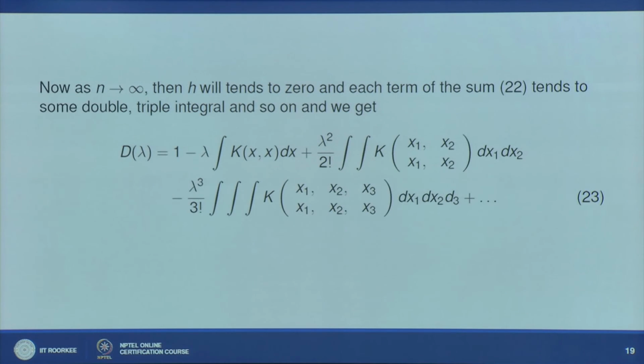So the limiting case of dn lambda is given by d lambda, and it is given by 1 minus lambda times the integral of k(x,x) dx plus lambda squared upon factorial 2 times the double integral of k(x1, x2 ...) in this notation, dx1 dx2 and so on.